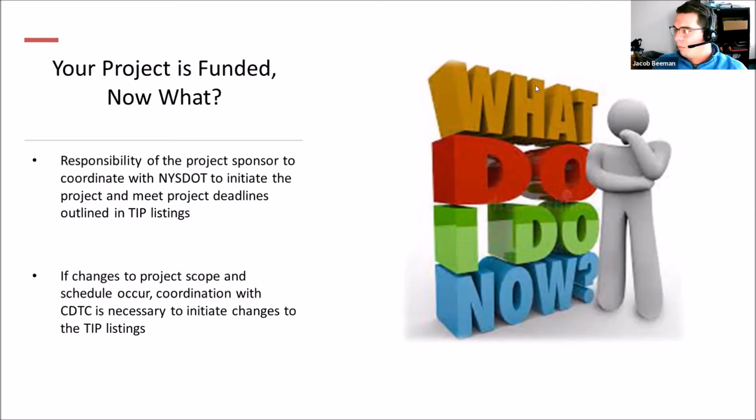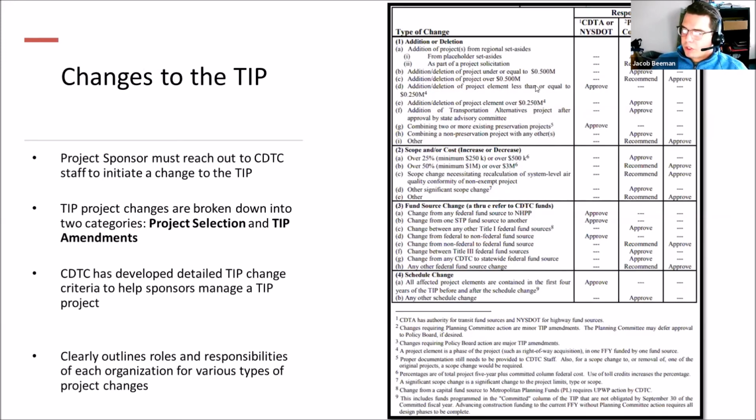So those changes need to be made before your money will be made available for any particular phase if it does not align. So overall changes to the TIP, if there is a change that needs to be made, we request that the sponsor reaches out directly to us, whether it comes from the sponsor or a project consultant, it doesn't really matter.